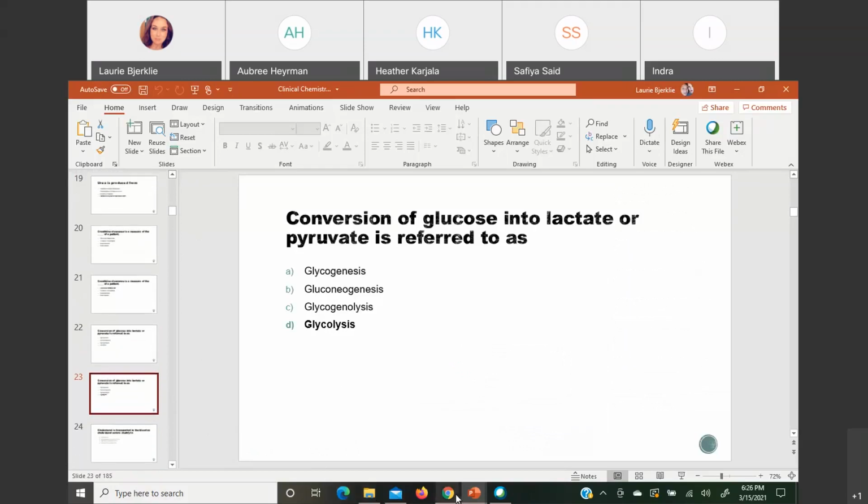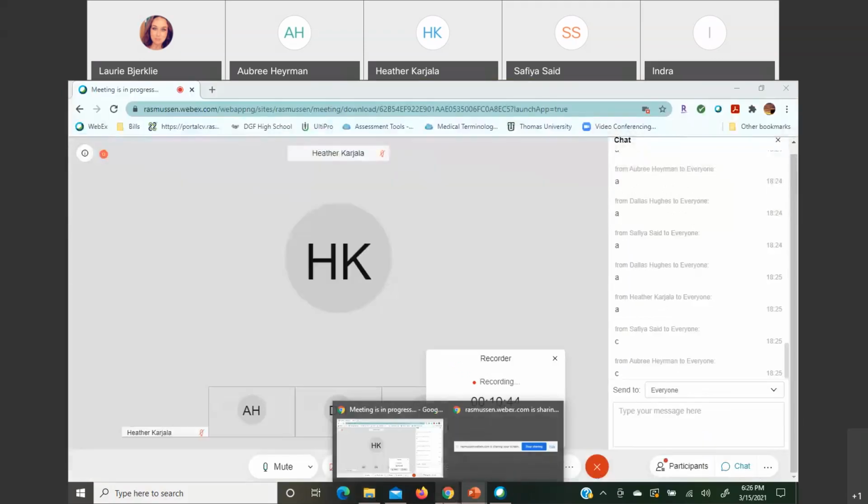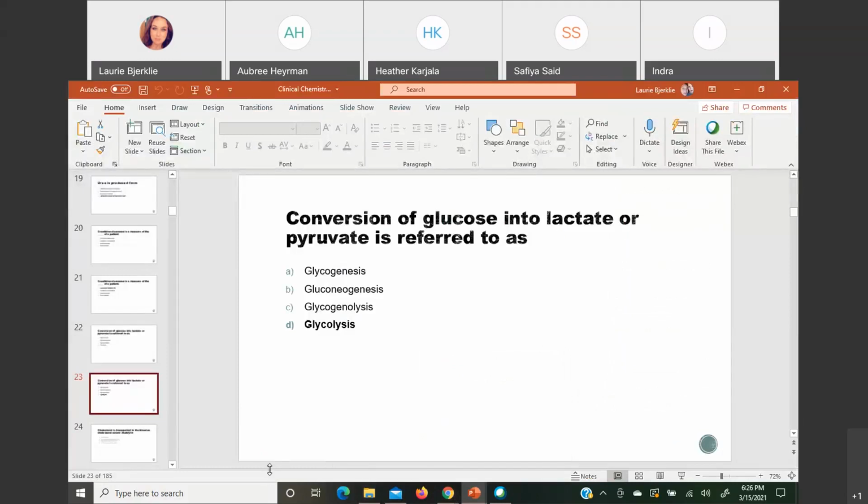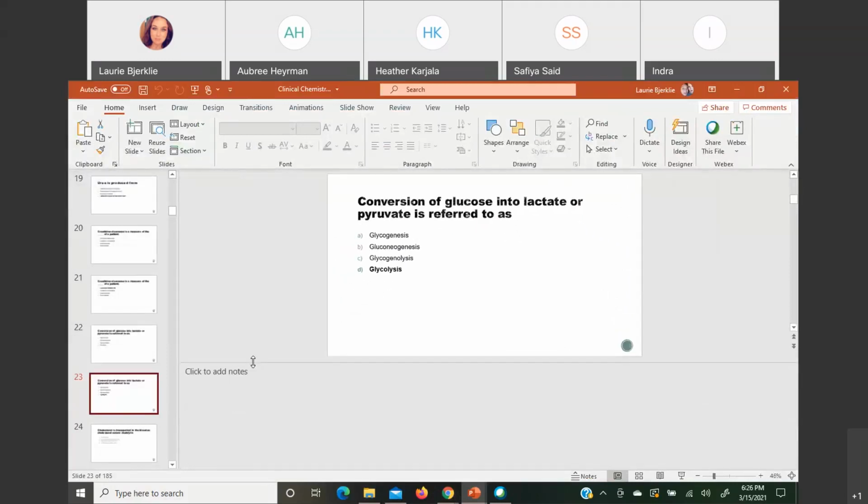So the way that I remember these darn little words, and I will type this in the notes. So let me make my notes area bigger here. I look at the word itself, and I use what the word is made up of to let me know what it is. So that first answer choice was glycogenesis. When I look at it, Genesis is the first book in the Christian Bible, and Genesis always means creation.